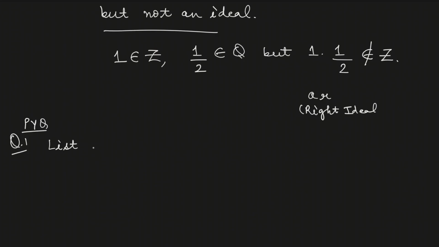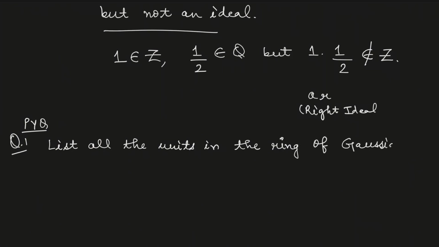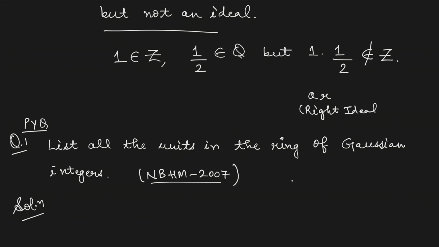List all the units in the ring of Gaussian integers. So how to see units in the ring of Gaussian integers?